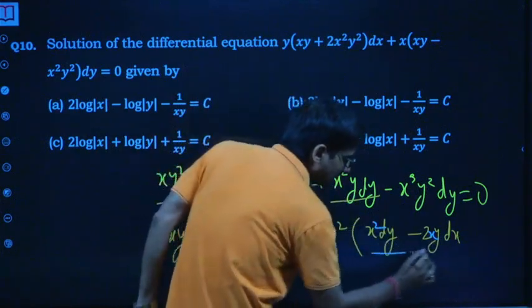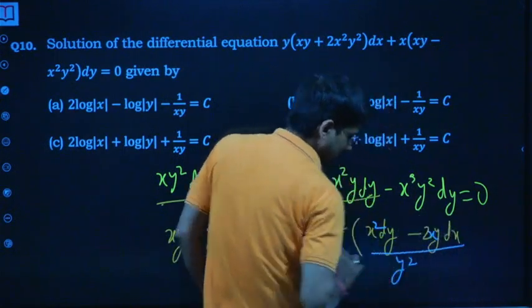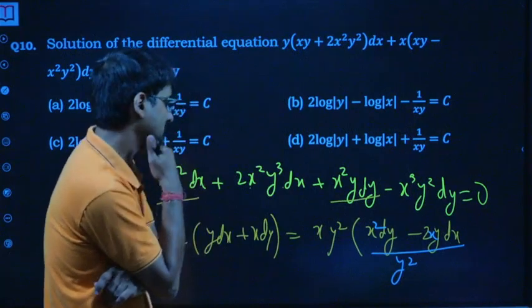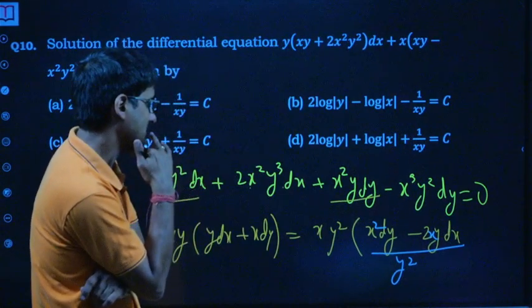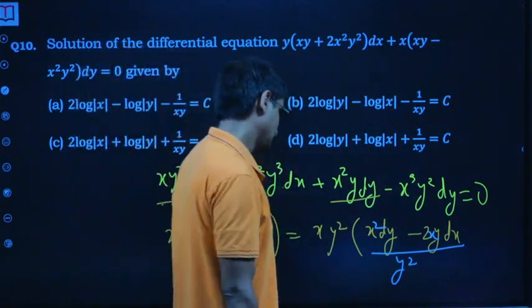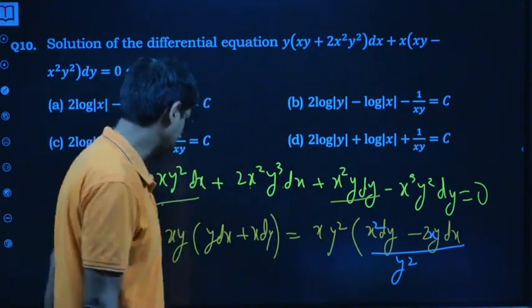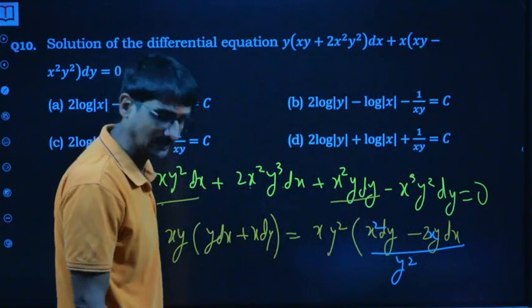So now if I divide it by y square, okay, wait, if I divide it by, but in that case I have to divide by x raised to the power 4 multiplied by x raised to the power 4 cube. Shall I try?